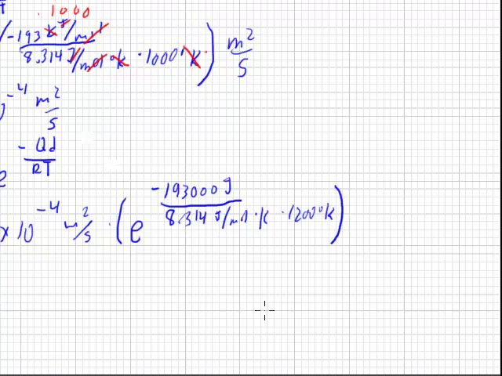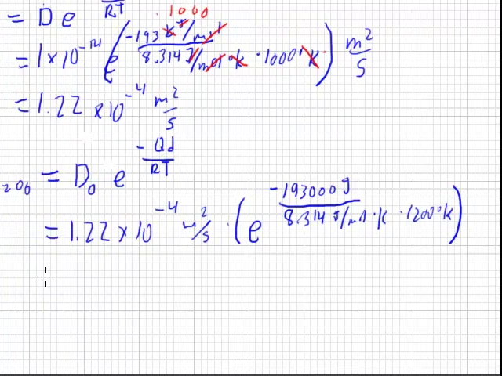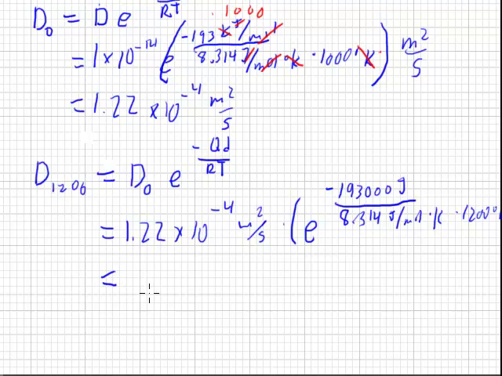Put that all in parentheses. So that ends up calculating out to 4.80 times 10 to the negative 13th meters squared per second. And that is our final answer.